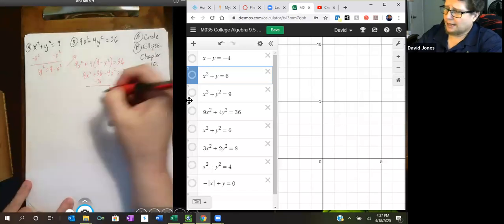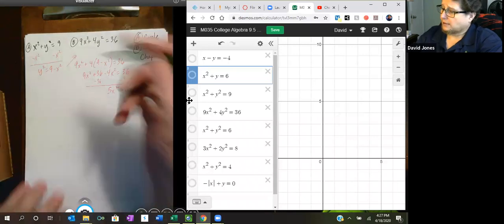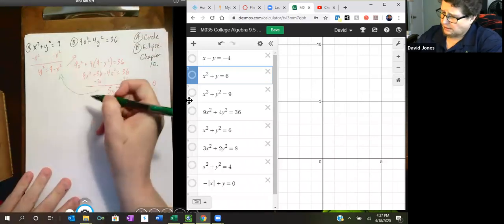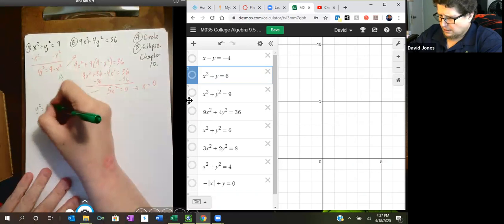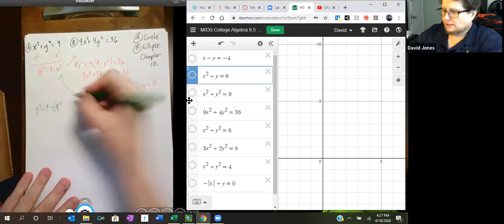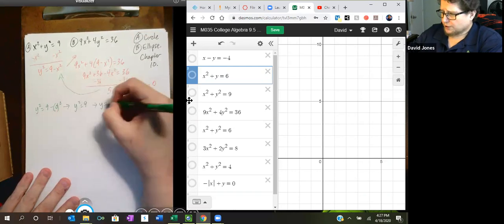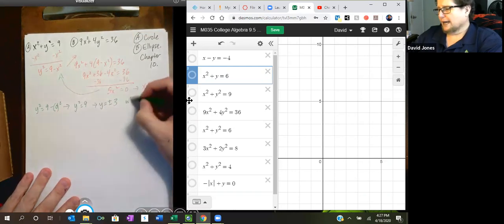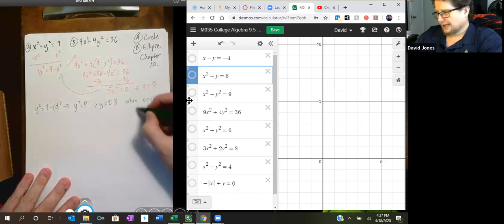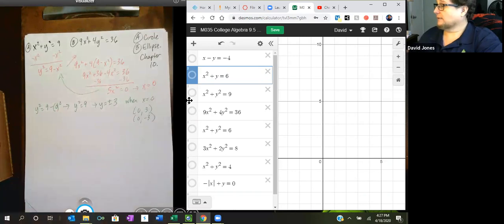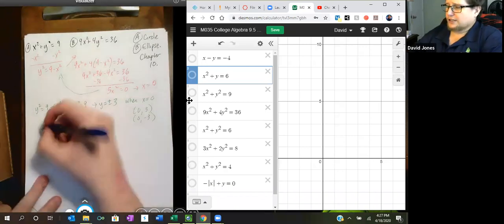Well, if we plug that back in, you get y squared equals 9, y equals plus or minus 3 when x equals 0. I get 2 points, (0, 3) and (0, -3). We should verify them. Always need to check your solutions on nonlinear systems.